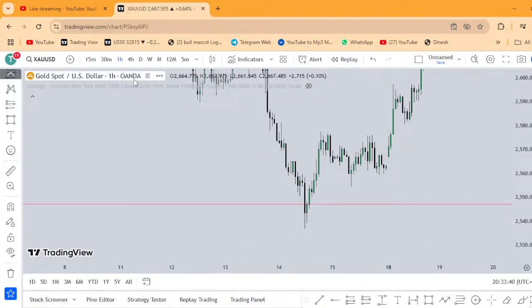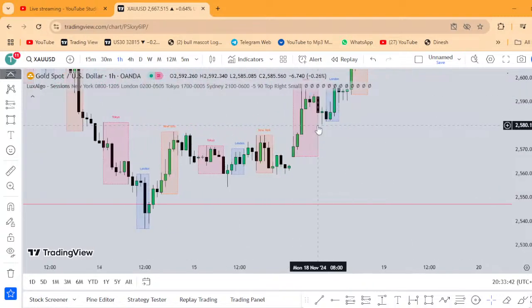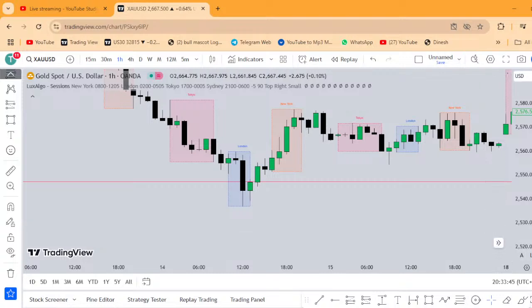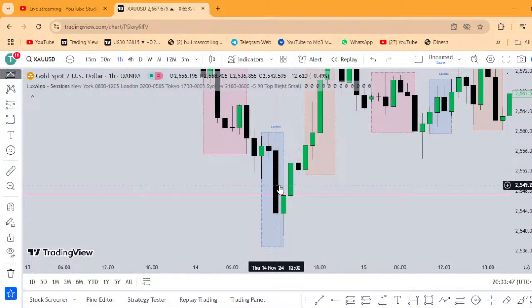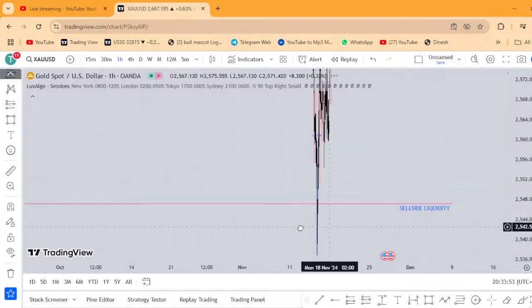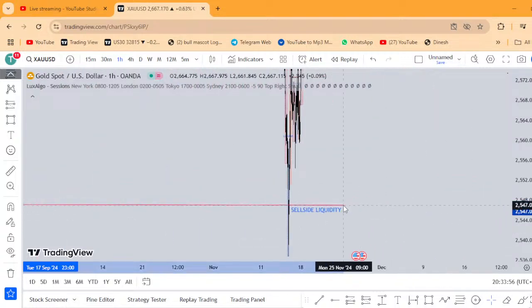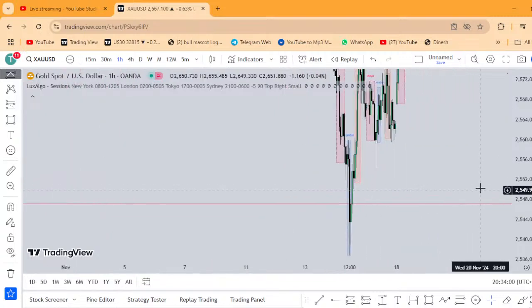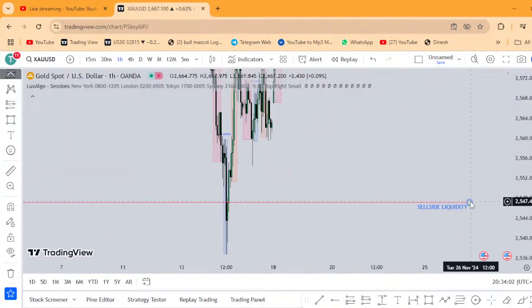So we bring back our sessions indicator to see, because we want to make sure our entries are in the sessions. So price drops into our daily liquidity zone, and we are waiting to see how price reacts on this particular zone.